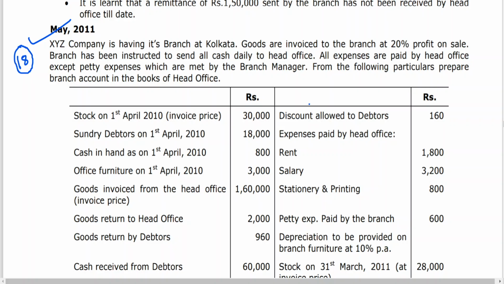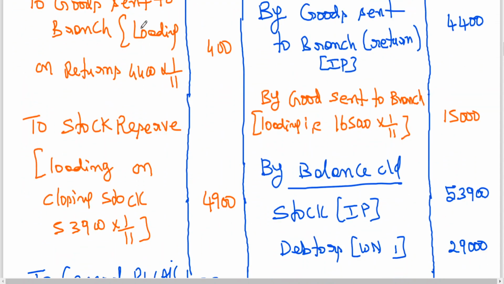So in the meanwhile, I've gone through this. For every problem I can't do final accounts, but this also can be done by the final accounts method. I thought of sharing one more problem.